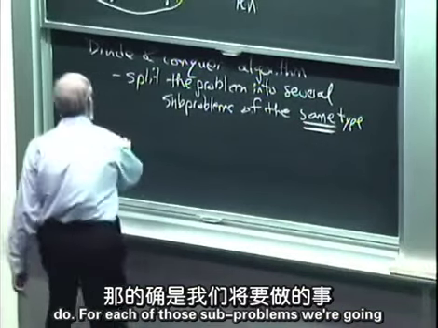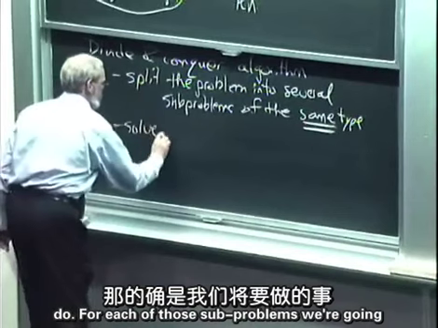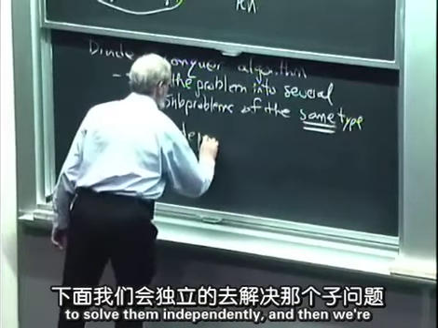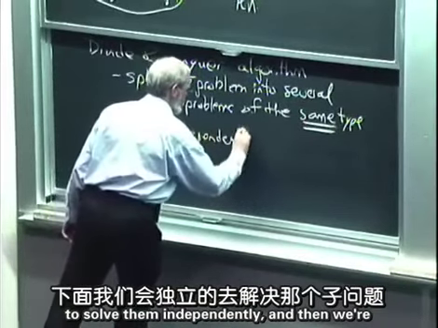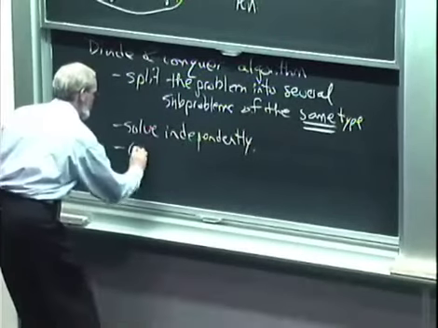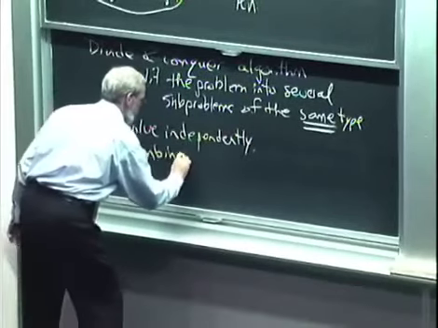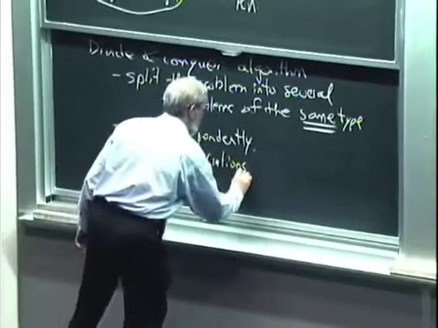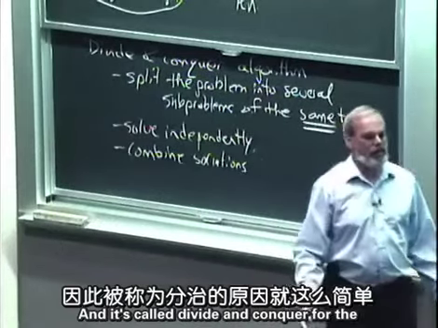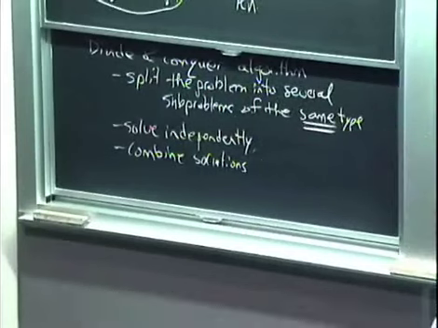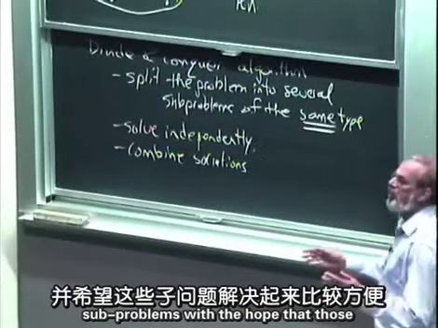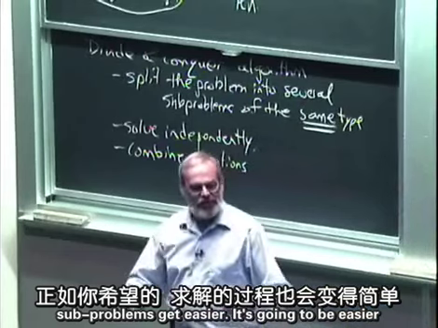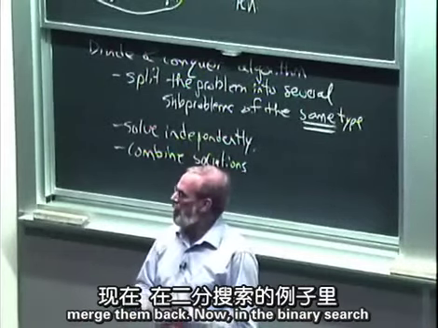For each of those subproblems, I'm going to solve them independently. And then we're going to combine those solutions. And it's called divide and conquer for the obvious reason. I'm going to divide it up into subproblems with the hope that those subproblems get easier. It's going to be easier to conquer, if you like, and then I'm going to merge them back.